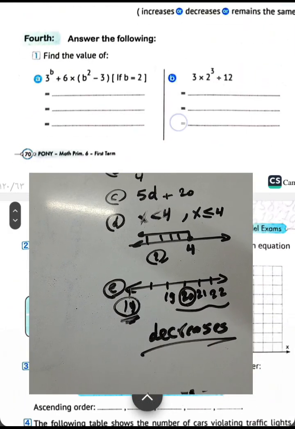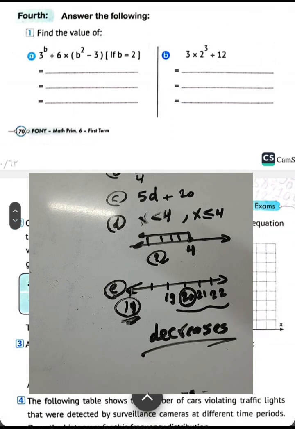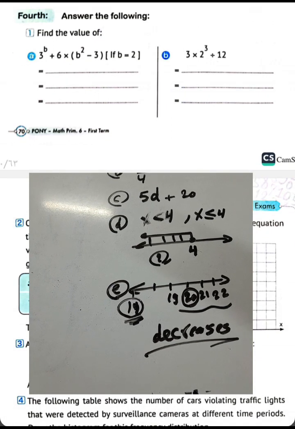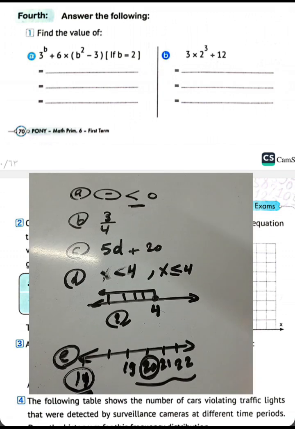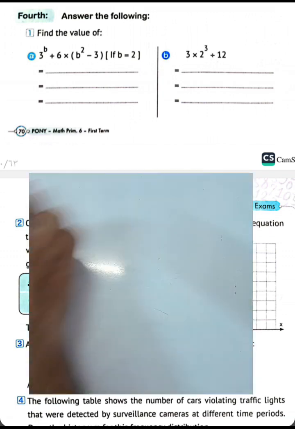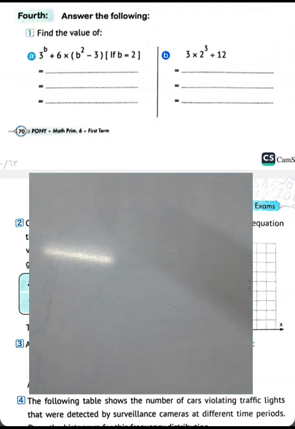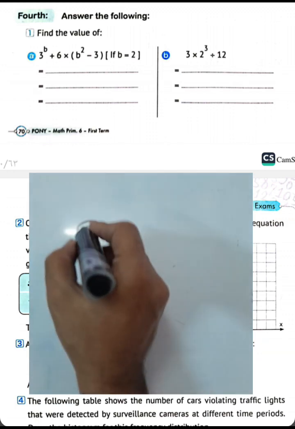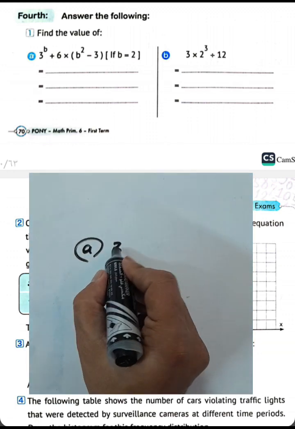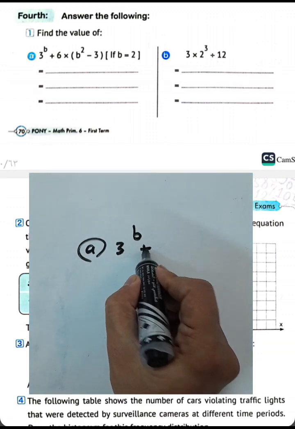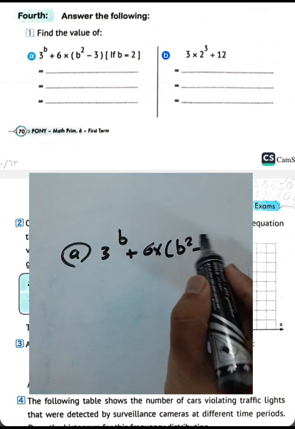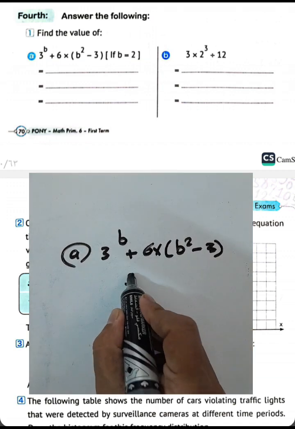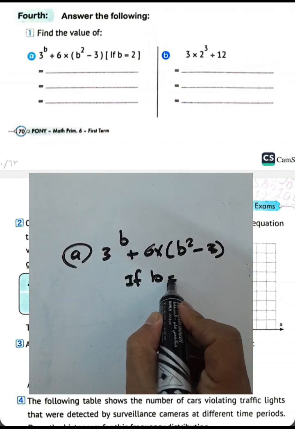Fourth, answer the following: find the value of this expression at p equal to 2. Letter A: 3 power p plus 6 times p power 2 minus 3.